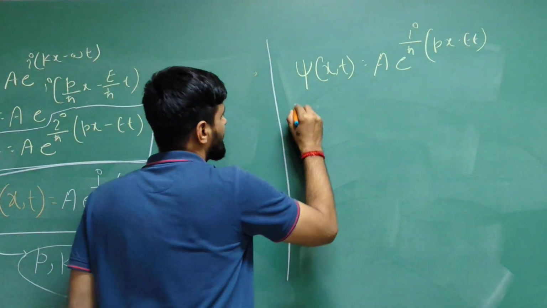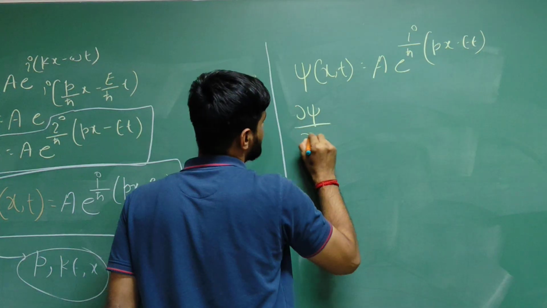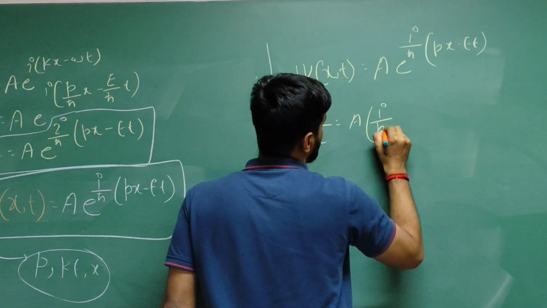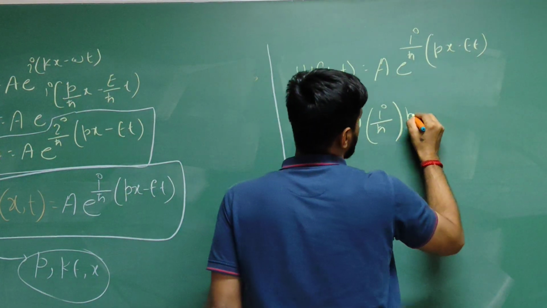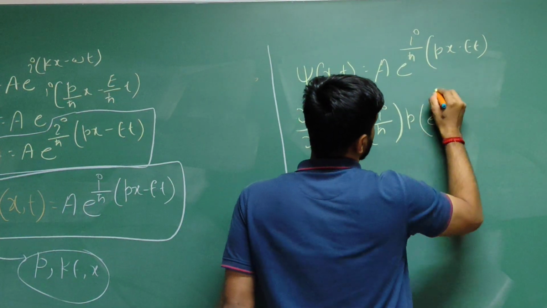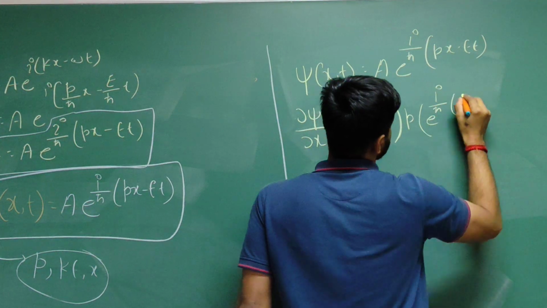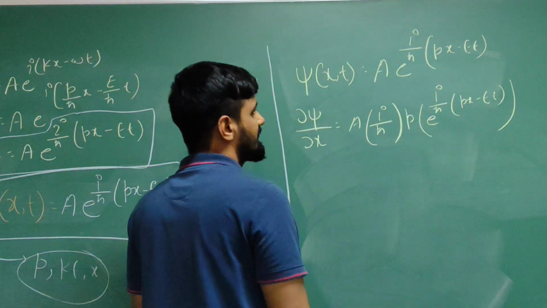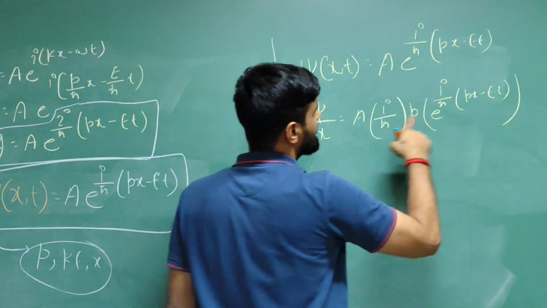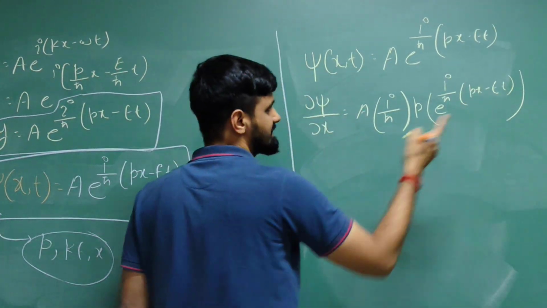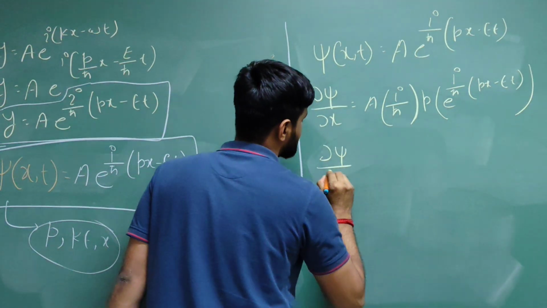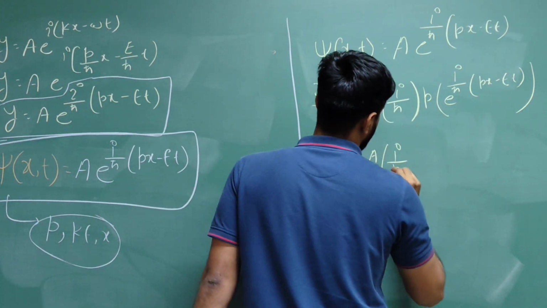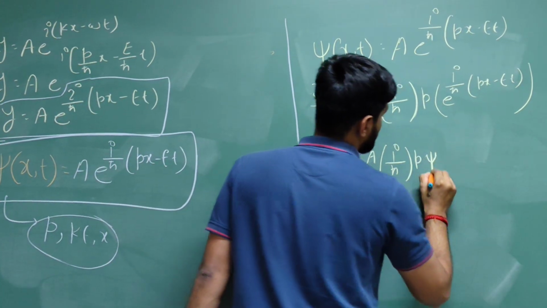If I perform the derivative of this psi with respect to x, that will give you A i divided by h cut, multiplied with p, and e to the power i by h cut (px minus Et). Is that clear? So here you can see that A e to the power i by h cut (px minus Et) is psi. So that can be written as del psi by del x equals i by h cut p psi.